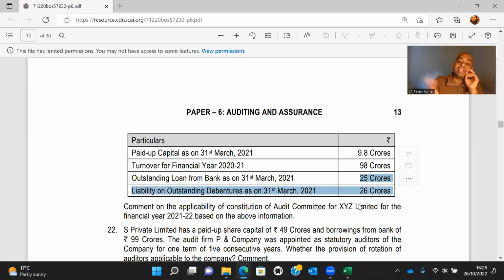Criteria is 50, but here it is 51. Now you tell me, setting up audit committee is mandatory here or no? Yes, audit committee is mandatory, because the loans from bank and debentures put together is more than 50. So audit committee is mandatory as per 177.